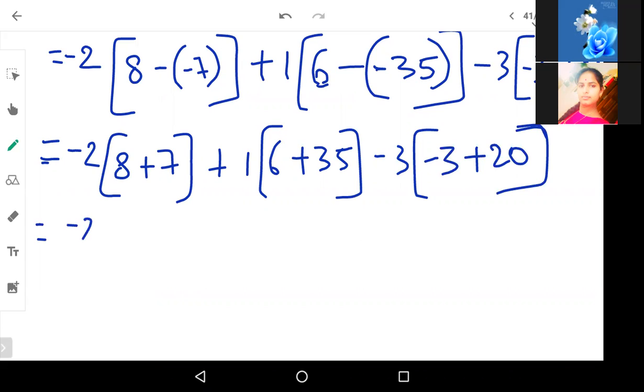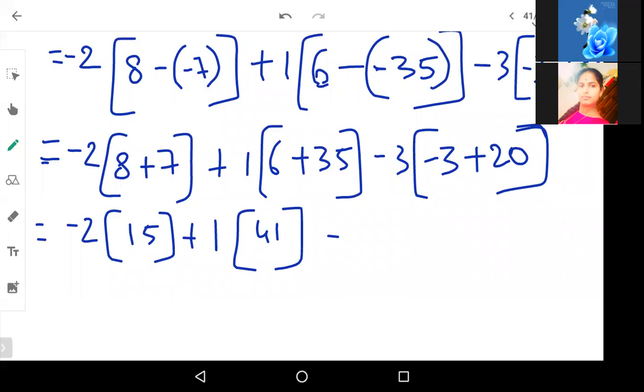Now minus 2 into 8 plus 7 is 15, plus 1 into 6 plus 35 is 41, minus 3 into minus 3 plus 20 is 17.